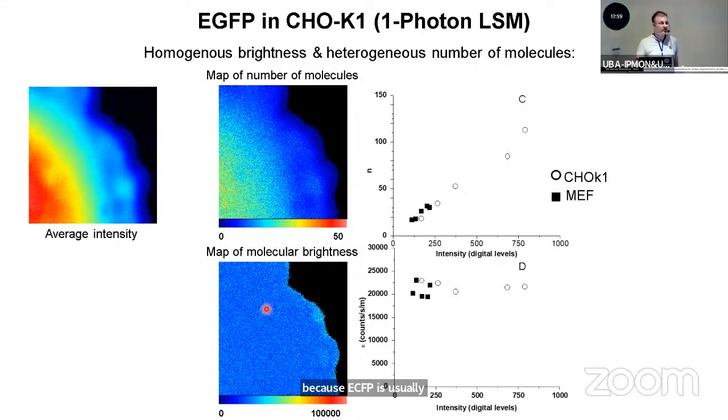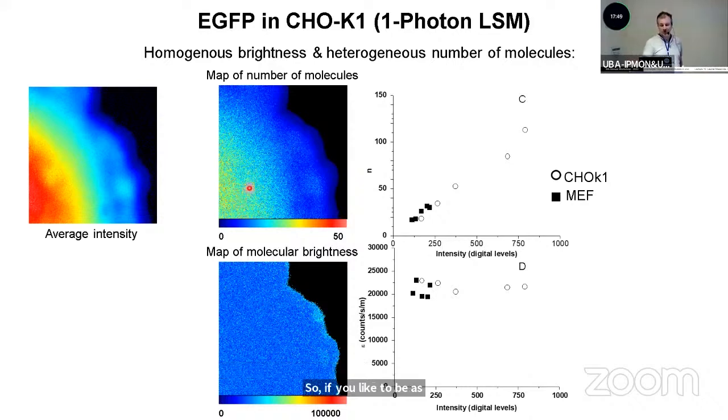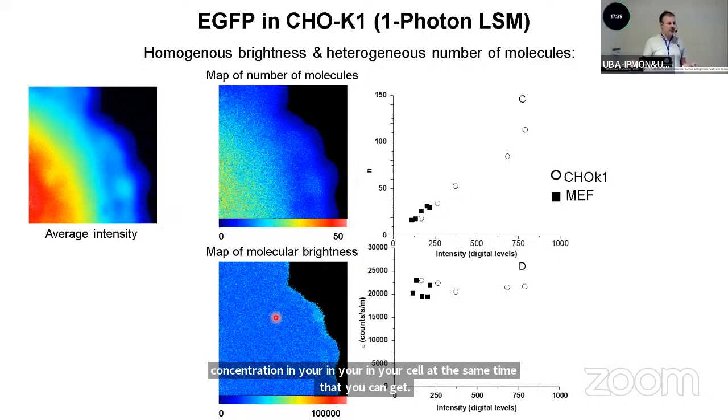You don't have EGFP oligomers in cells if you don't tag EGFP to something else. So EGFP likes to be a monomer inside the cell. And here you can obtain quantitative information about the distribution of concentration in your cell, at the same time that you can get the oligomerization state in your sample.